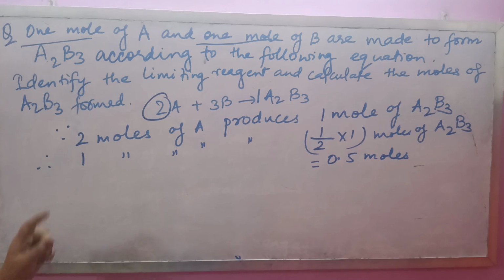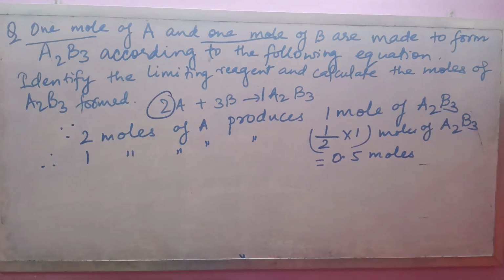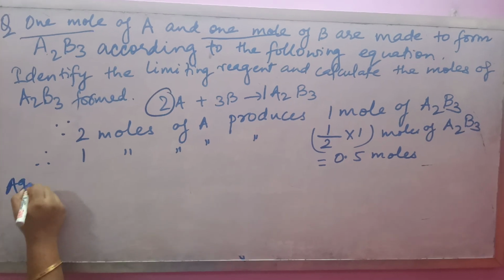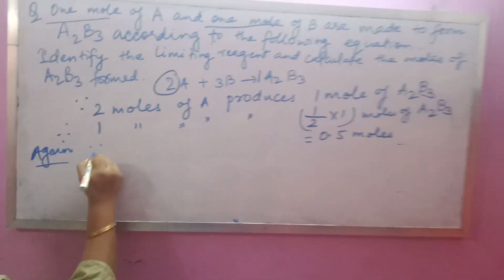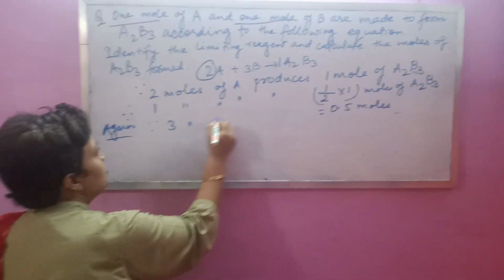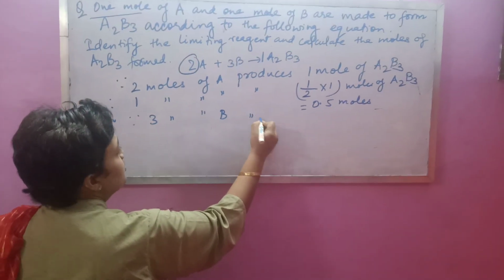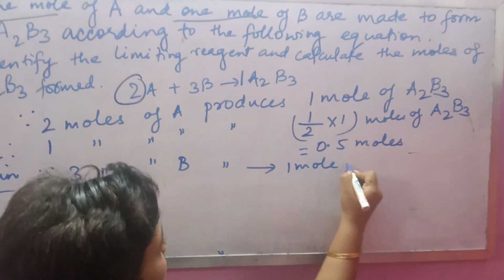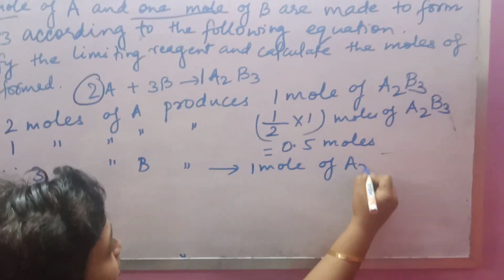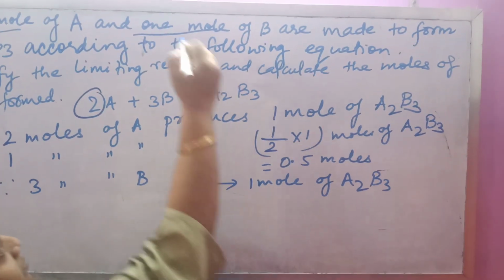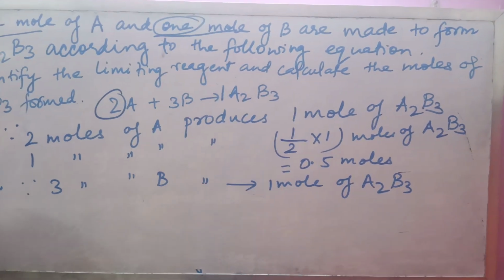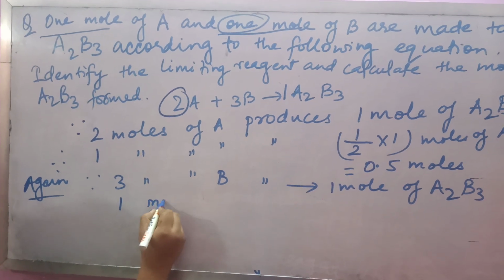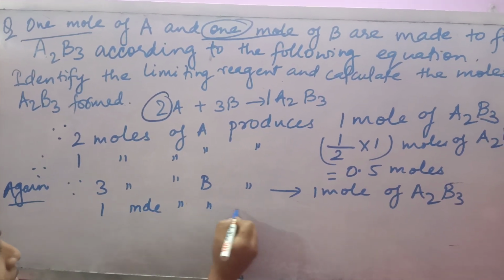Now to identify the limiting reagent, you have to calculate for B also. Now in a similar way, since 3 moles of B produces 1 mole of A2B3, but in the question 1 mole of B is given, you have to calculate how much 1 mole of B will produce.